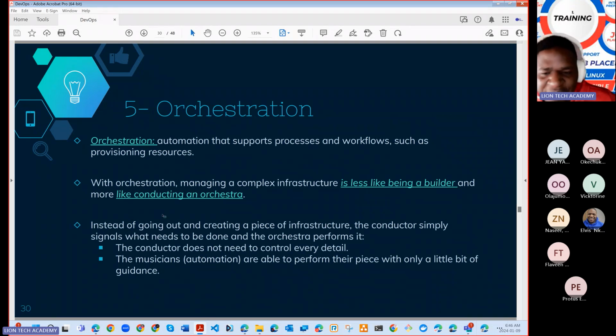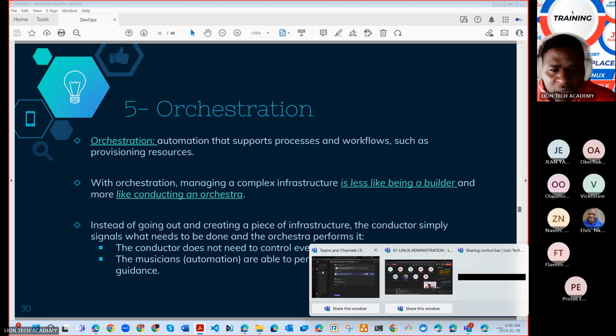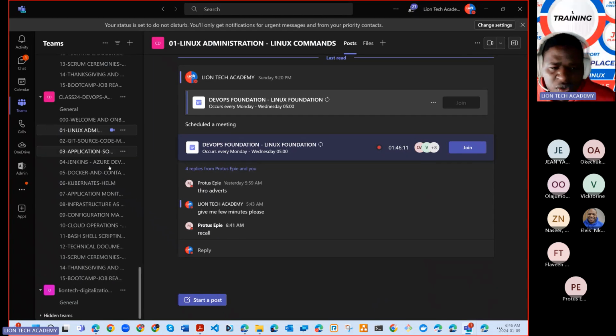Oh wow, the fifth practice is orchestration. This is the core of DevOps in itself, right? What are we going to use to study orchestration? Five and six cover orchestration.